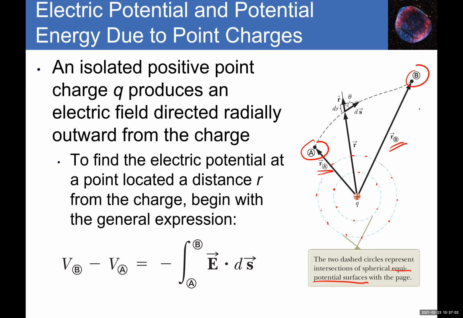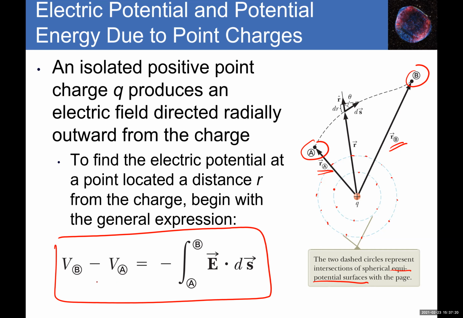Now, as I already talked about before, we can relate that change in potential between point B and A, V_B minus V_A, to the electric field that is present in that region. The idea is that I can relate the change in potential to the negative of the integral of E dot ds. I already showed you this and gave you some examples, but this is basically the main equation that we have in this part.